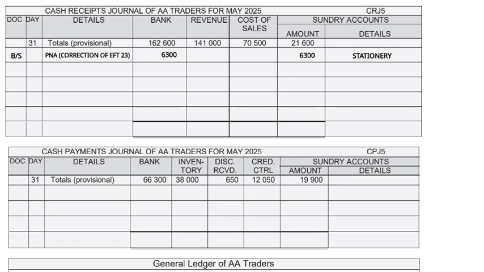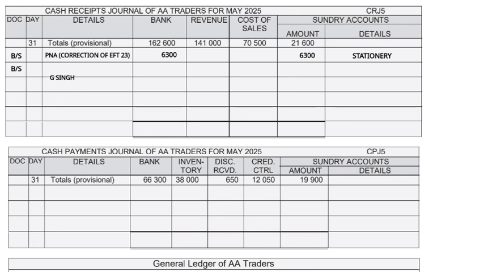So we have to now record it in our cash receipts journal because we previously did not record this income into our cash receipts journal as it wasn't reflecting on our statement yet. So you will say document is bank statement.